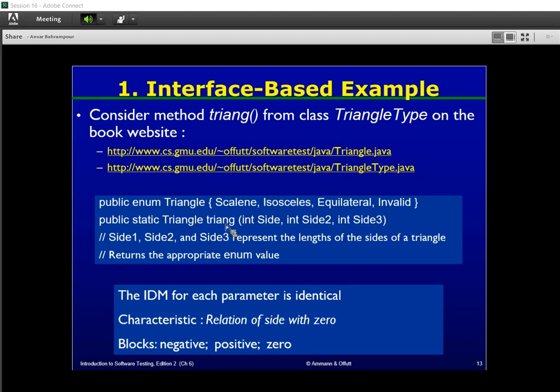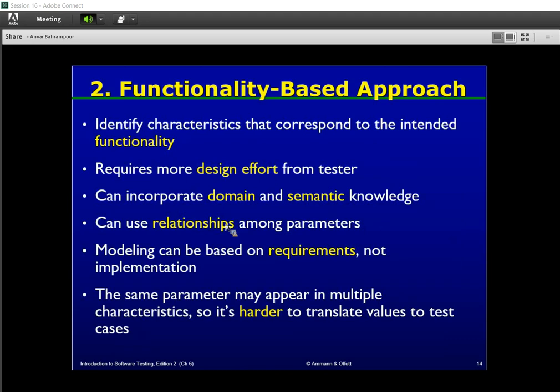So the prominent characteristic in the functionality-based approach is the type of the triangle.